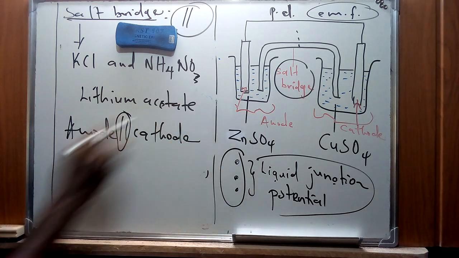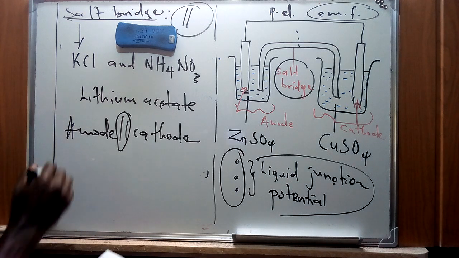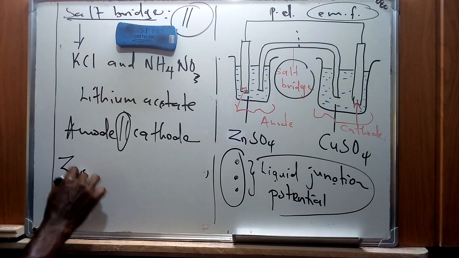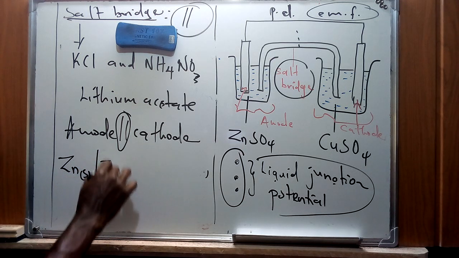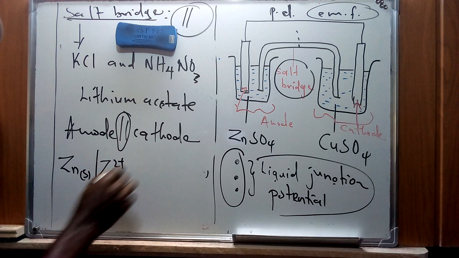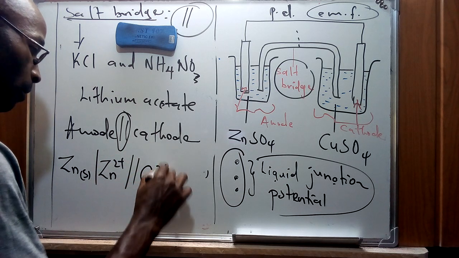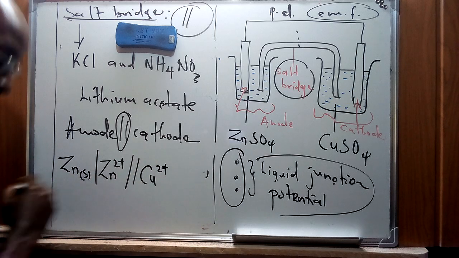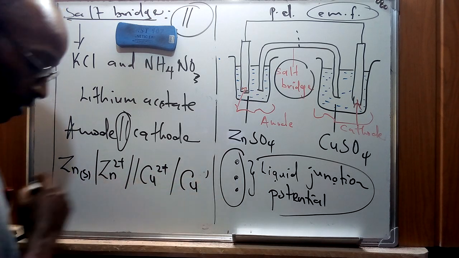So if I were to illustrate what we have already illustrated on our right, I'm going to have the zinc sulfate interacting with that junction for the copper sulfate solution.